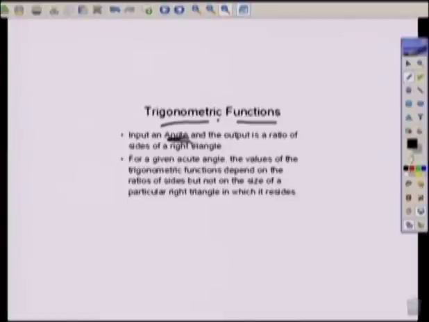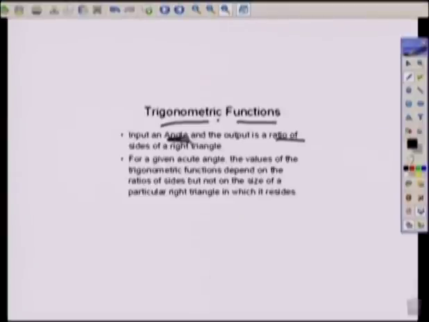We are taking the sine of an angle, and the output is a ratio of sides. Hugely important, because when we add in the inverse trig functions, we're going to look at inputting a ratio and working back to an angle that corresponds with that ratio. So today, we're going to look at taking angles and using that angle to calculate ratios related to side lengths.